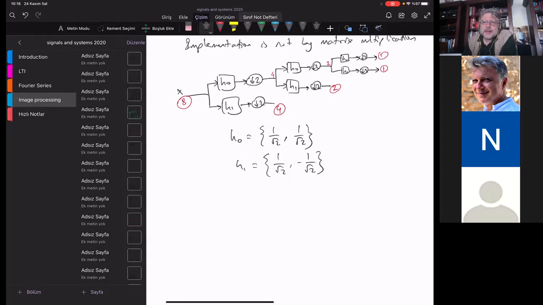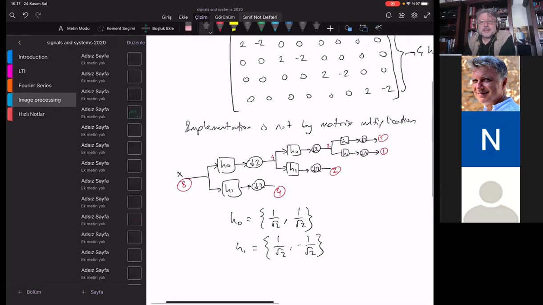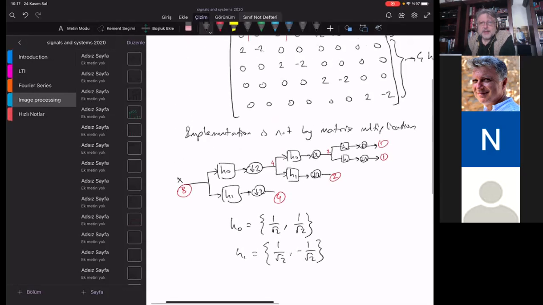With these 2 filters, it's the same H0 and H1 throughout this system. We make it larger and larger Haar transformation. Okay, this is the way to implement the Haar transform, not by constructing this matrix that we have.